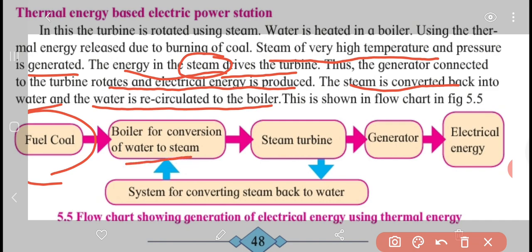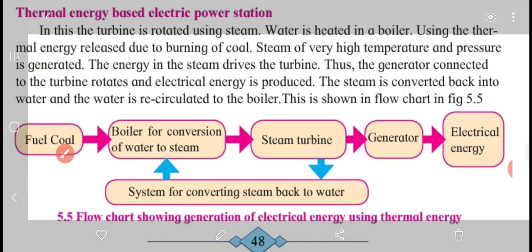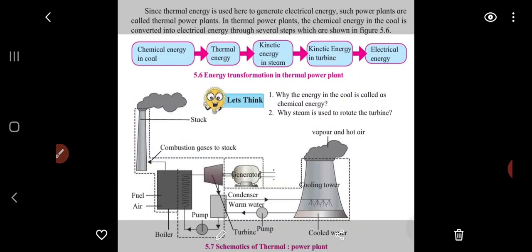The steam is of high pressure, which rotates the turbine, and that turbine is connected to a generator, and the generator produces electrical energy. And again the steam is converted to water and given back to the system. Okay, so this is the flow chart of how energy is produced in a thermal energy based electric power station.